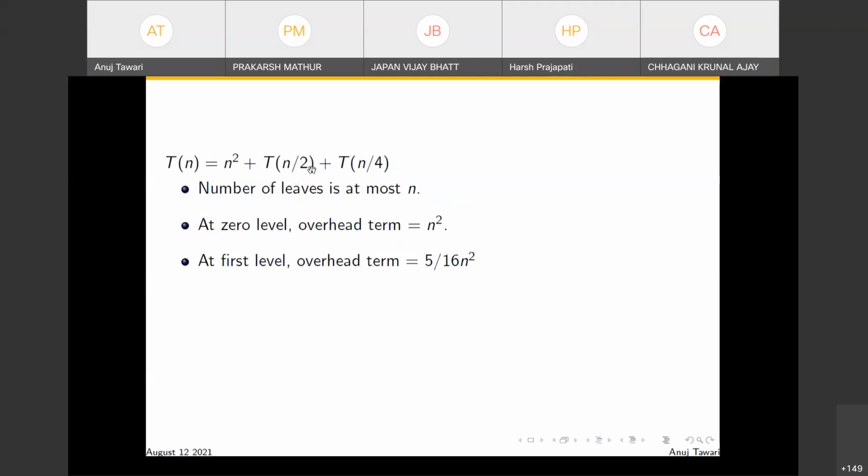When you expanded this Tn by 2, n over 2 whole square, that is n square by 4. When you expanded this Tn by 4, you get n by 4 whole square, that is n square by 16. And then you added n square by 4 plus n square by 16.